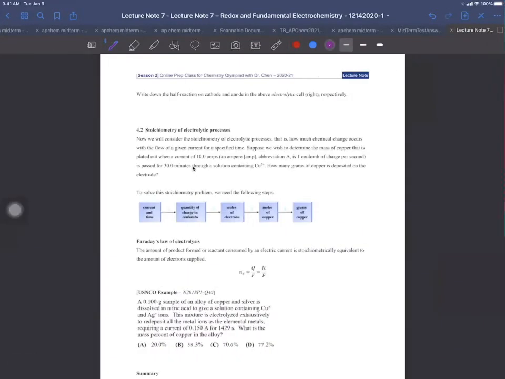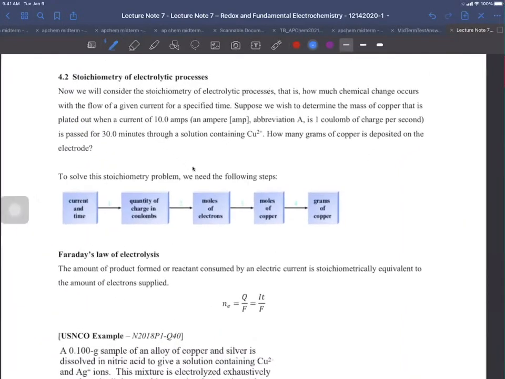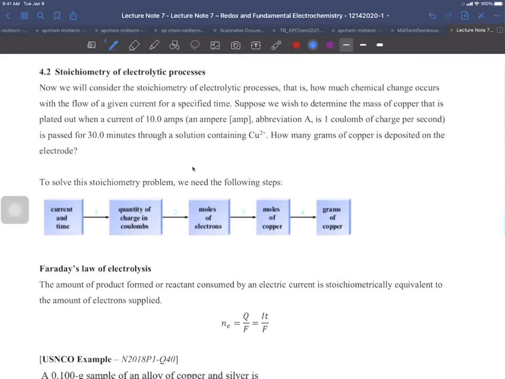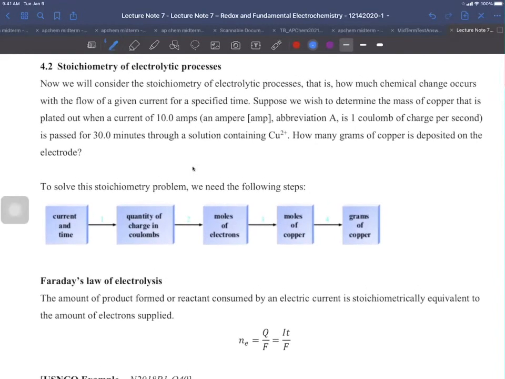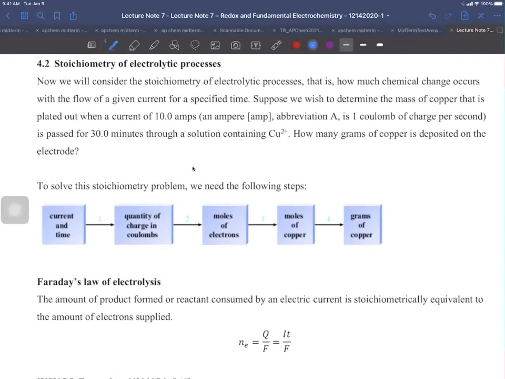So I think we already finished this part. The next part is about the stoichiometry related to the electrolytic process. Here we may have to review some physics about the current. So current, as we talked about before, has a unit of ampere, right?